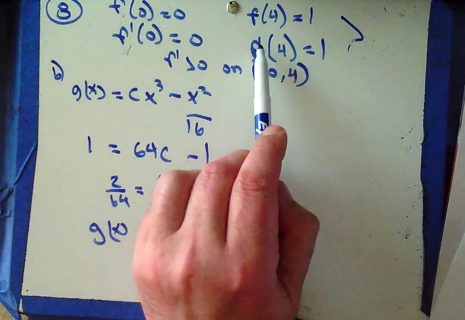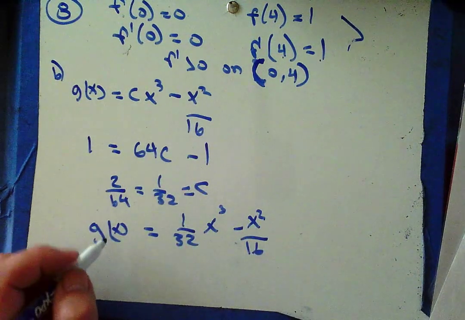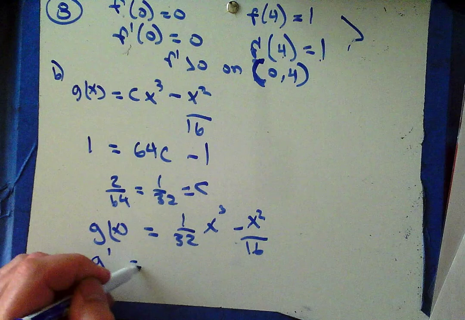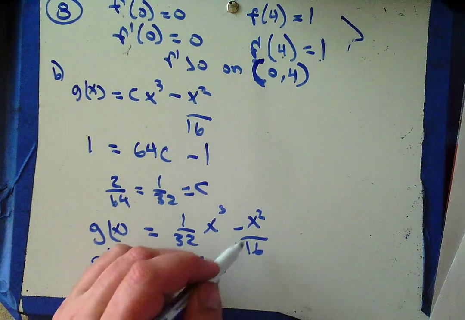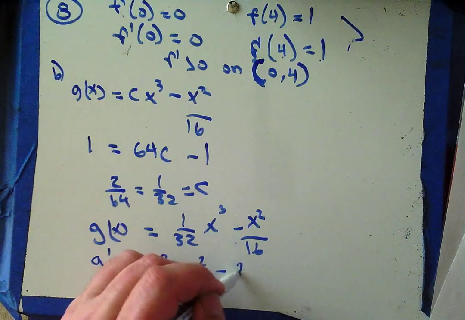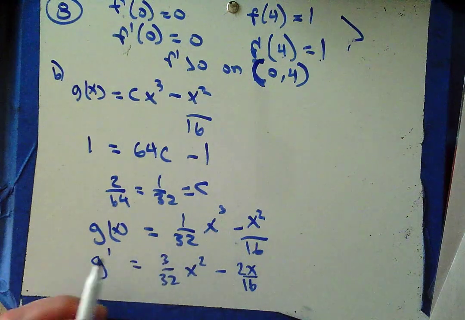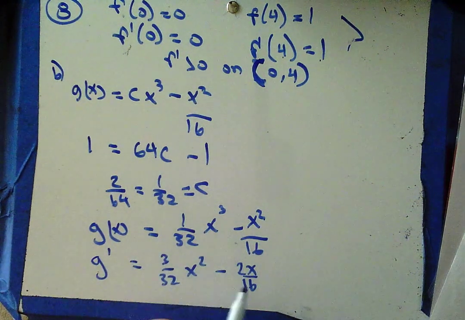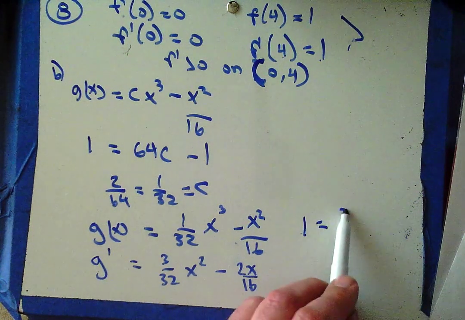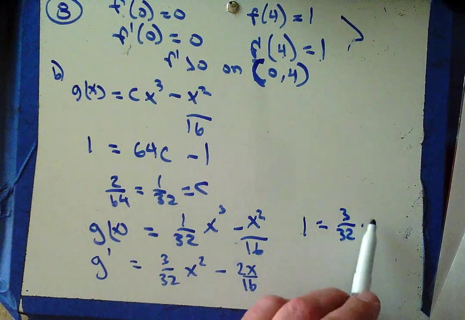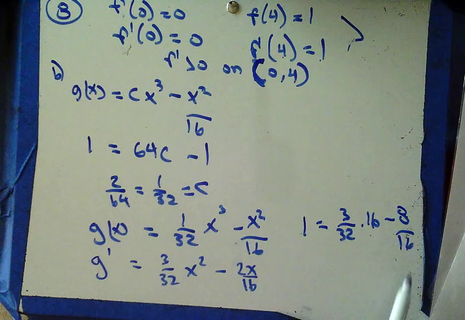Let's plug in 4 for x and 1 for the slope into the derivative. So g prime equals 3 over 32 x squared minus 2x over 16. Okay, and if we plug in 4 here and 1 here, we've got 1 equals 3 over 32 times 16 minus 8 over 16.